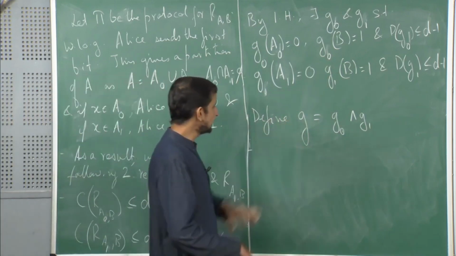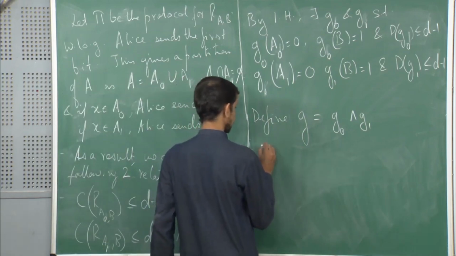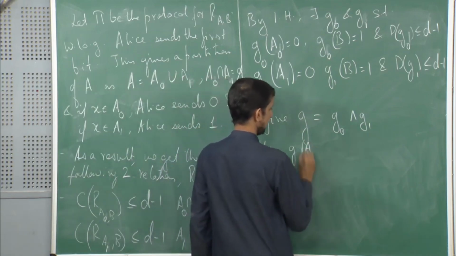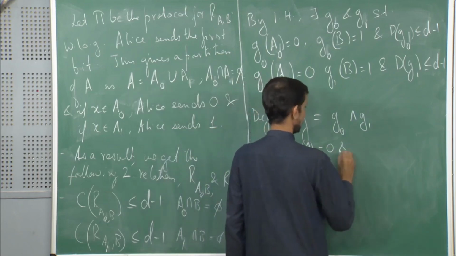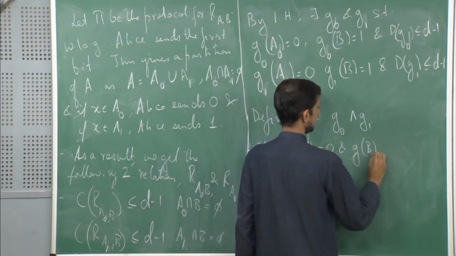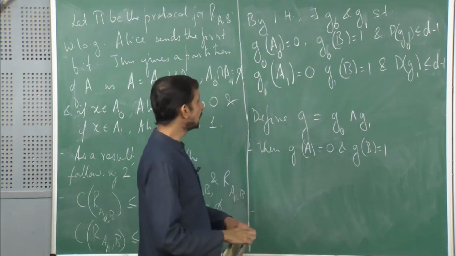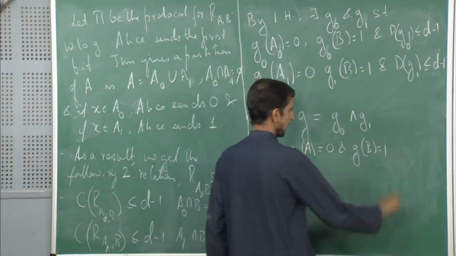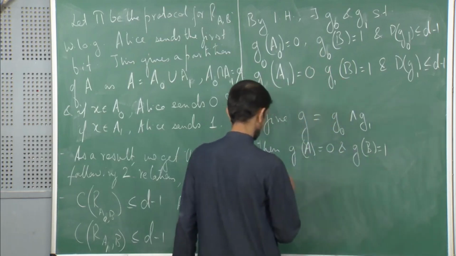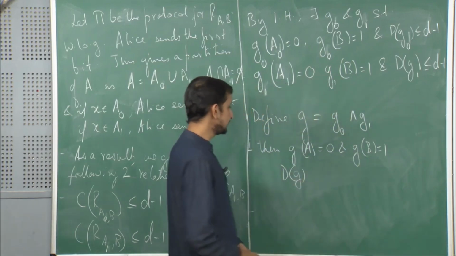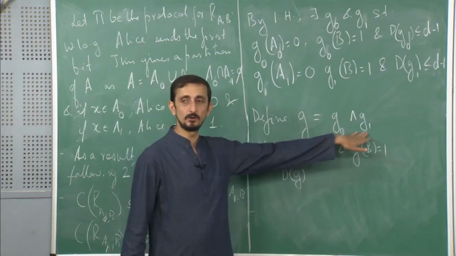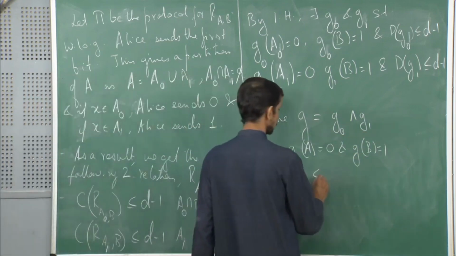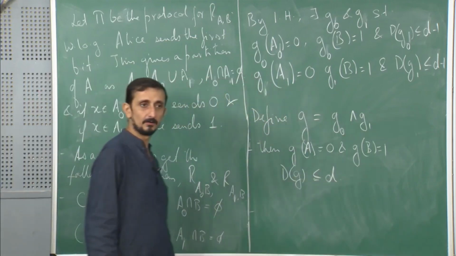And now what is the depth of G? G of A is now equal to 0 and G of B is equal to 1, because already G0 of B and G1 of B were equal to 1, and the depth of this function G was whatever was the depth of G0 and G1, which was at most D minus 1, plus one more level. So it is at most D.